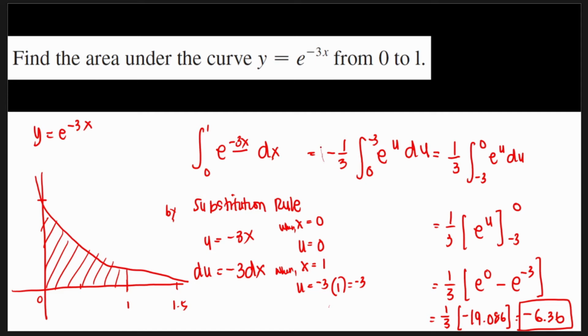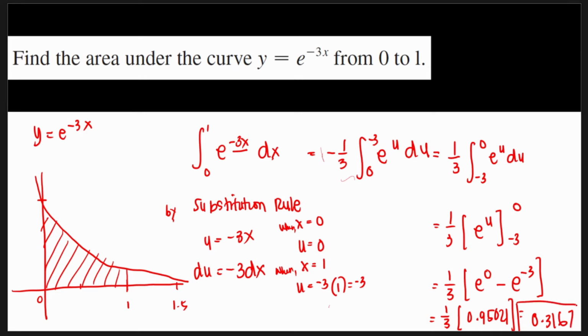Oh no, yeah, I'm sorry, so this should be equal to 0.95021, which is equal to, if we divide it by 3, around 0.3167.